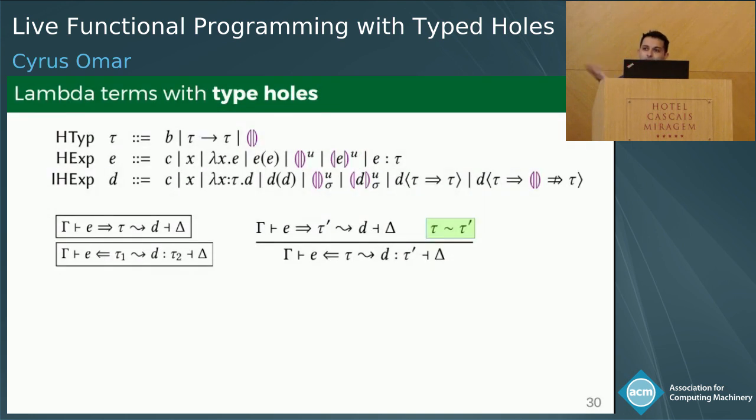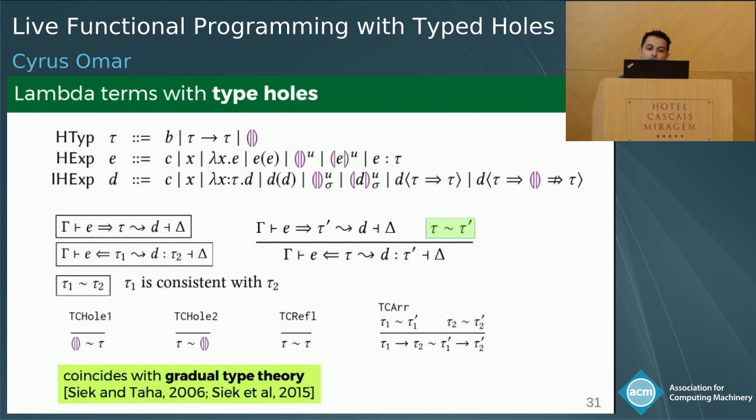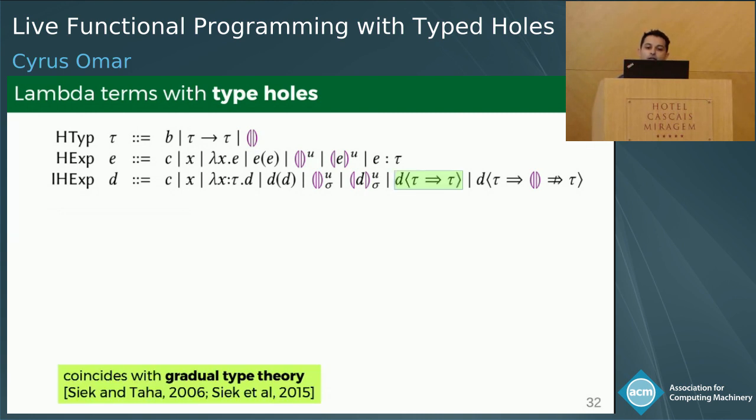As probably most people who were here for the earlier talks know, this corresponds to the unknown type from gradual typing, and so we bring in all that type consistency machinery, and this is a cast calculus, so we have these casts. The difference is really in the failed cast. Failed casts don't cause evaluation to stop. Instead, they're a form that is indeterminate, meaning it can't be further reduced.